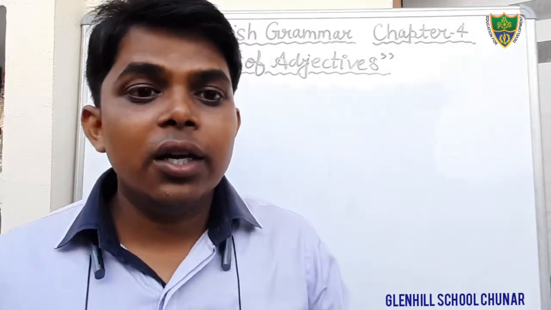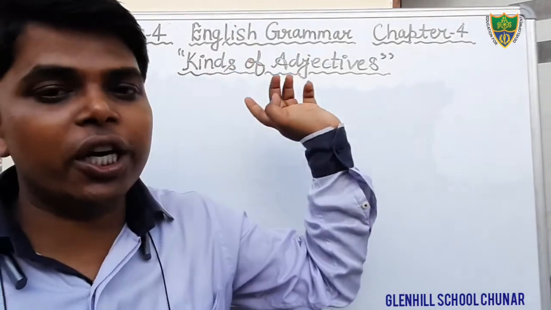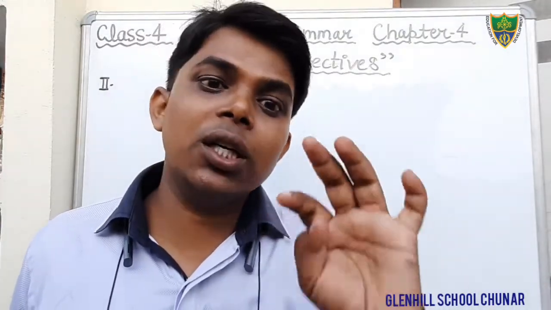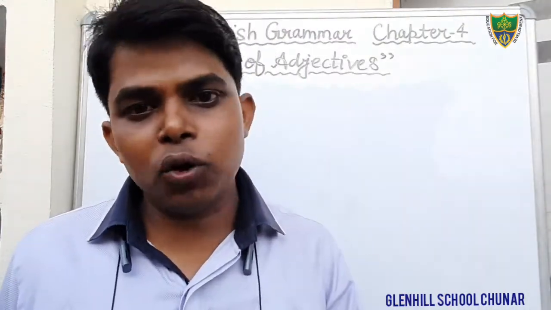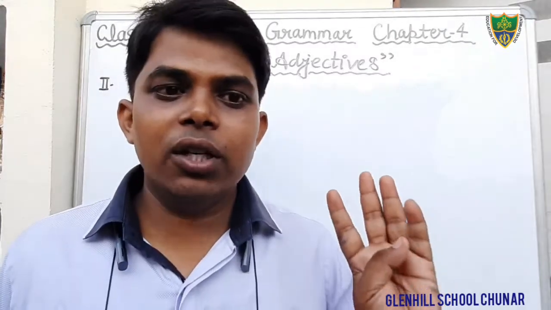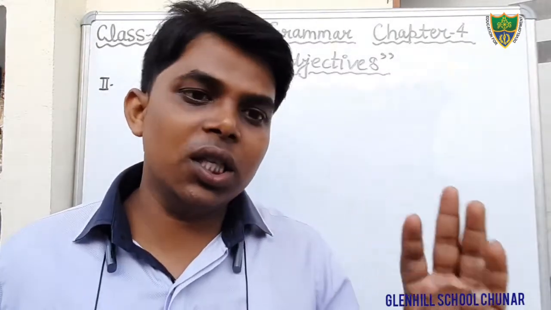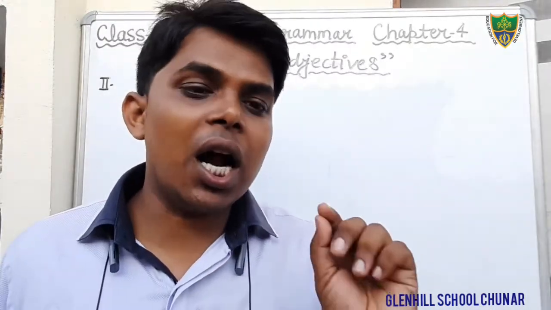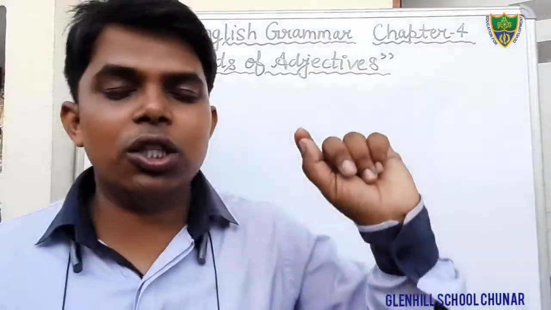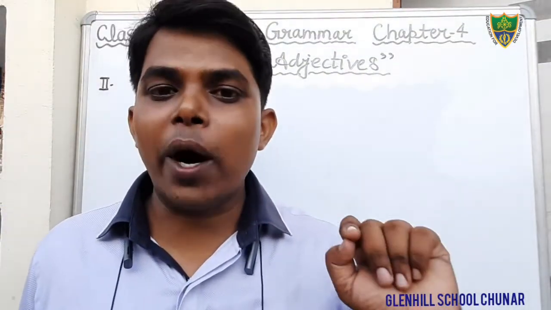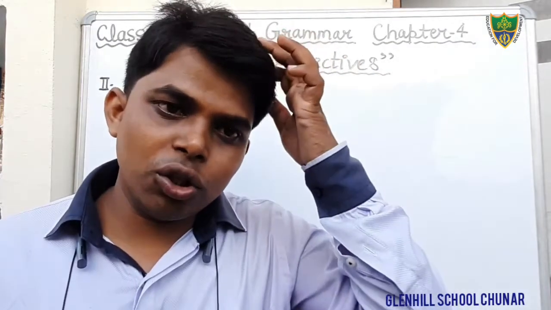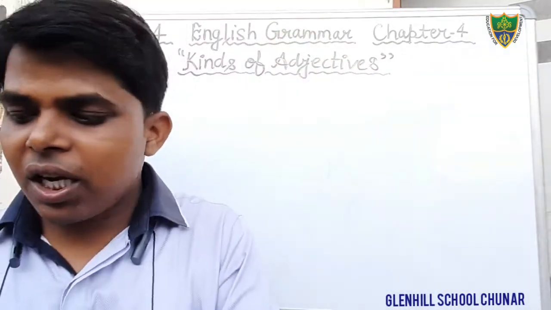We find the demonstrative adjective before the noun or pronoun. We generally get the words this, that, these, those and such. These are demonstrative adjectives used to point out something in the sentence. So we will see here the exercises.